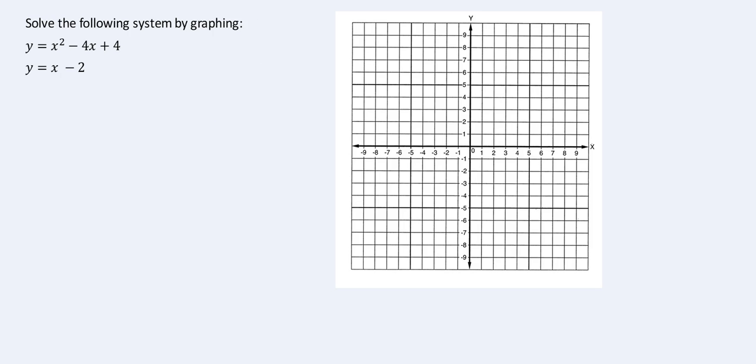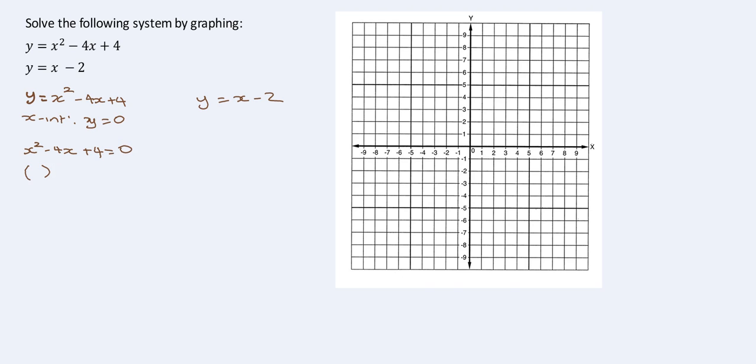So let's get started. Y equals x squared minus 4x plus 4, and then we have y equals x minus 2. Let's start with the x-intercept. We have y equals 0. So x squared minus 4x plus 4 is equal to 0.